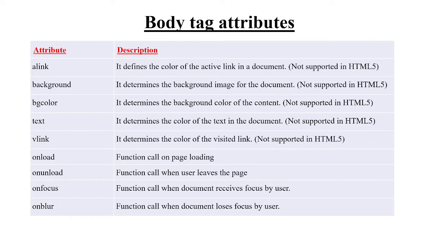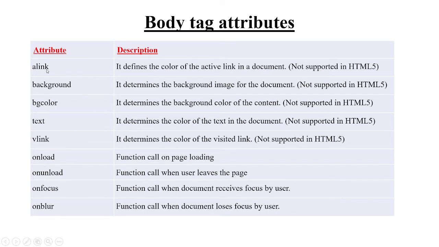Now we talk about the A link. The A link attribute defines the color of the active link in a document. That means if there is any hyperlink in a web document, and you want to provide a color to indicate that this is the active link, you can specify a color saying A link equal to blue.